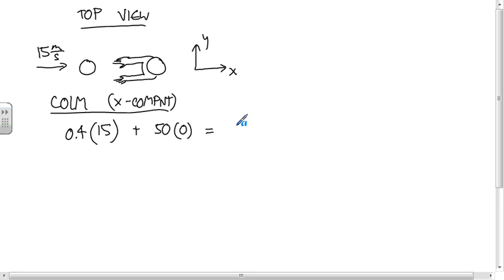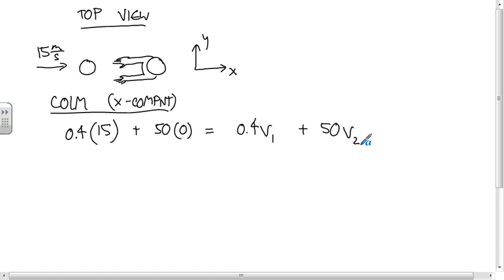Oh no, I'm going back in time. This is elastic, so the mass of the ball times its velocity after, I'll call that V1, plus the mass of the person times his velocity after, I'll call that V2.